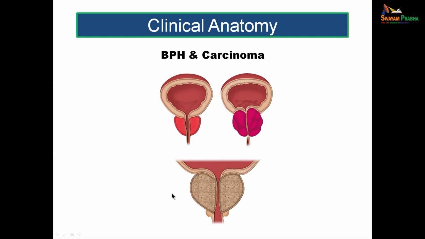Since it is not the original capsule, it is also called a surgical pseudocapsule, because you use it as a guide during surgery when you want to do enucleation of the prostate, that is, removal of the prostate without cutting. You can use this surgical pseudocapsule as a guide to enucleate the mass within.